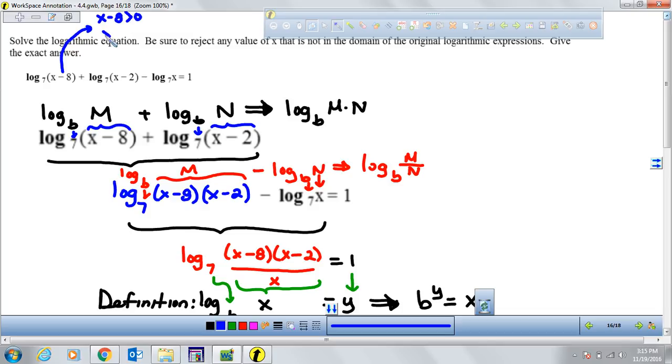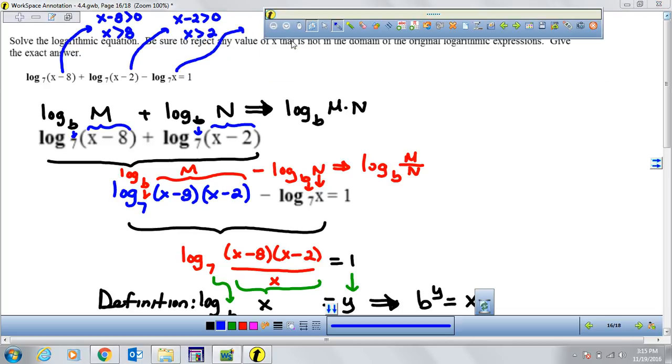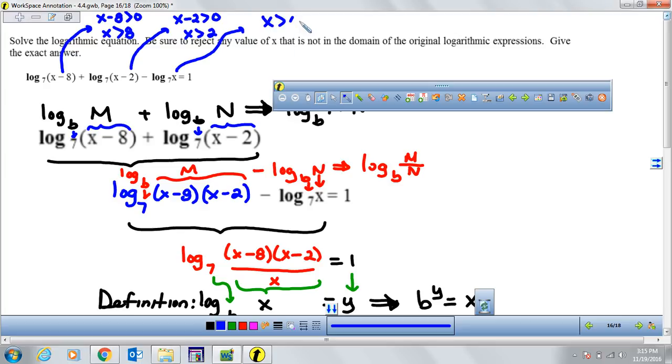So if I solve for x, x must be greater than positive 8. Same here. X minus 2 must be greater than 0. So if I add the 2 to the other side, x must be greater than 2. And the last one that has only x by itself, x must be greater than 0, and that is already x by itself.